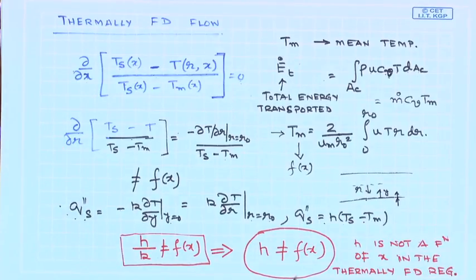So, what we have now obtained is a way to define thermally fully developed flow, and in order to do that, we have expressed it in terms of a dimensionless temperature, and we took the x derivative of that ratio equal to 0. We say that this is the condition for thermally fully developed flow.